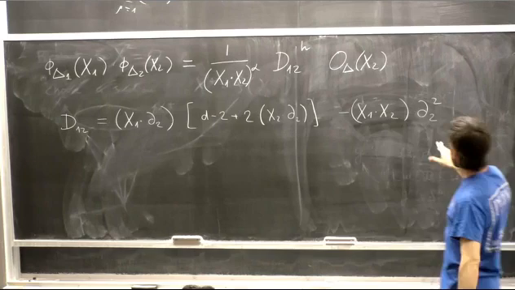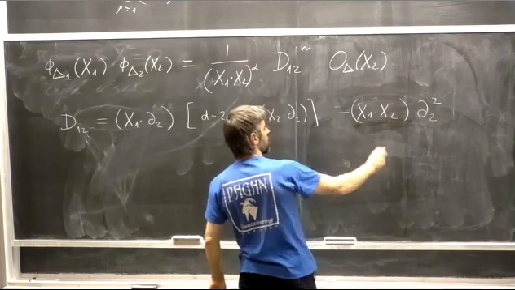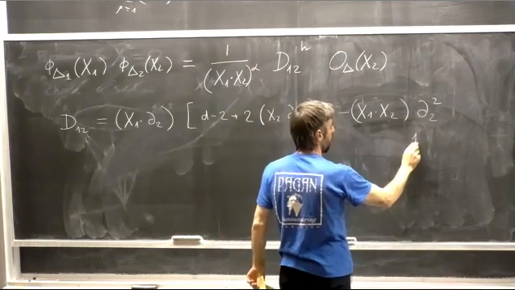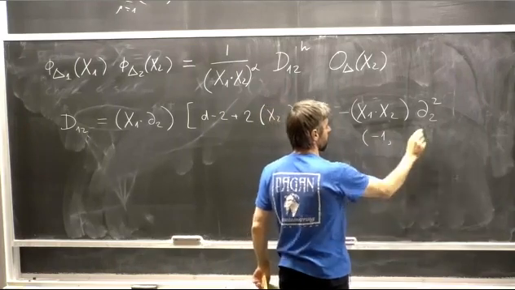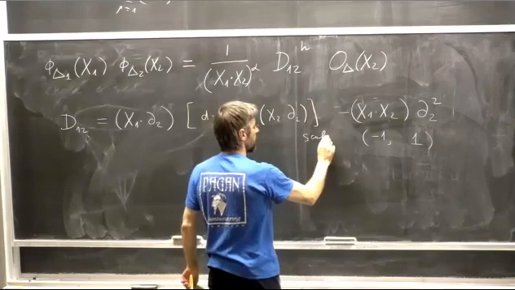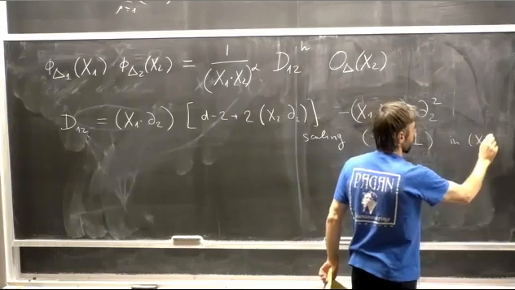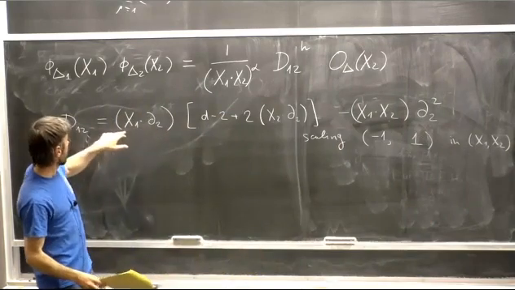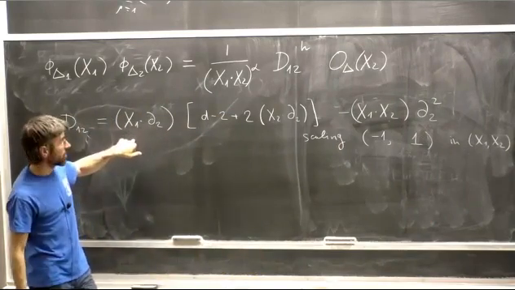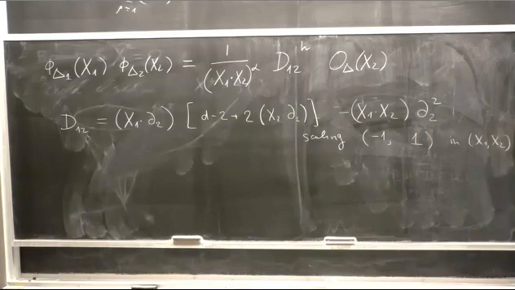This operator has two derivatives, and then gets multiplied by x2. So it has scaling 1 in the x2 derivative, and scaling minus 1 in the x1 direction. So scaling minus 1, 1 in x1, x2. If you look at this term here, it also respects this scaling. So this operator is homogeneous in x1 and x2 in a homogeneous way. That's the first thing about this operator.